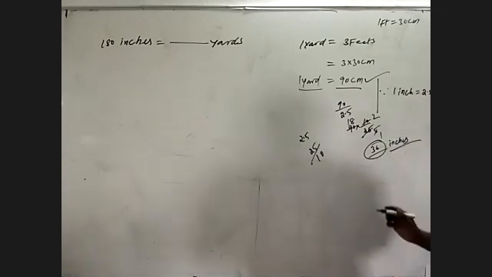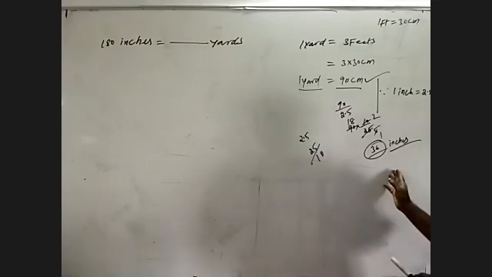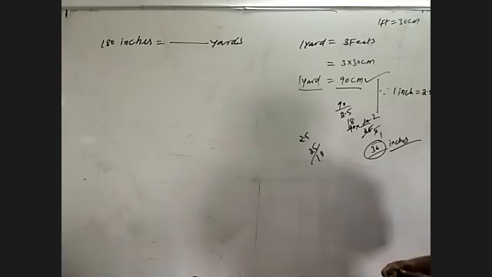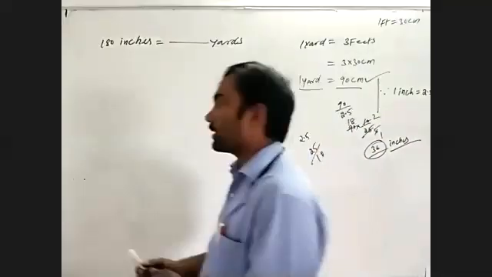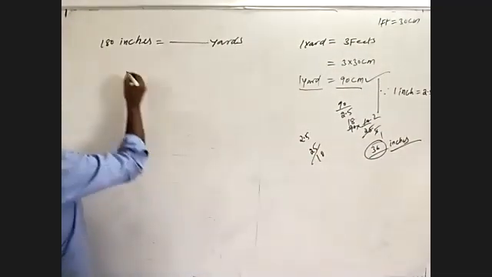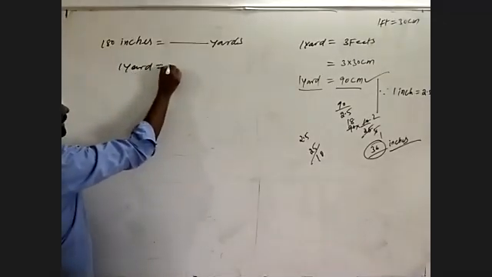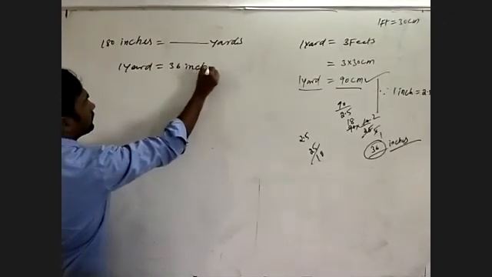In 1 yard, how many inches are there? 36 inches. If you divide 180 inches by this 36 inches, we can easily get how many yards are present. One yard is equal to 36 inches.